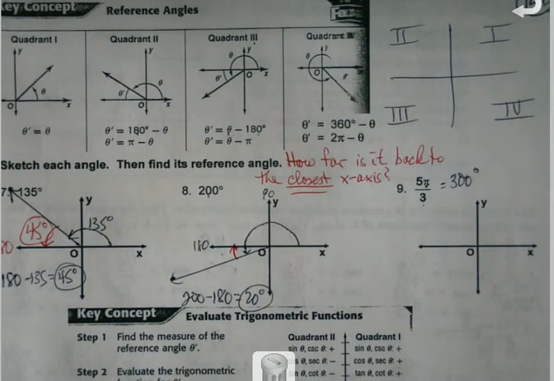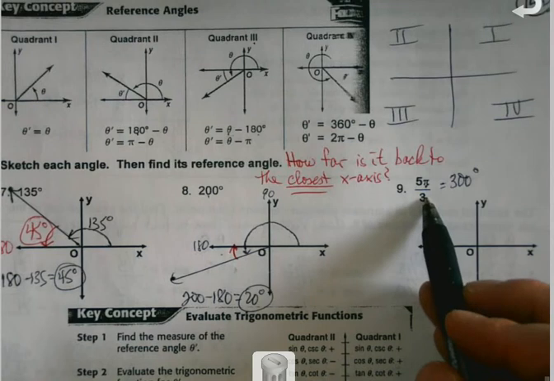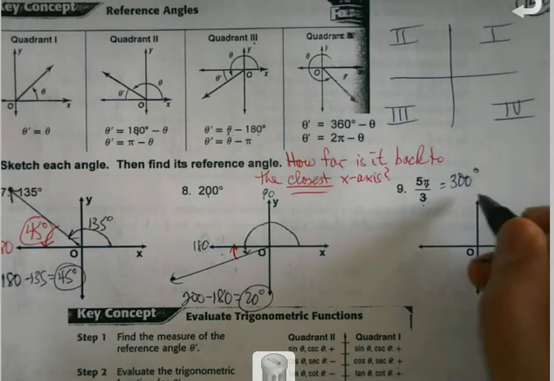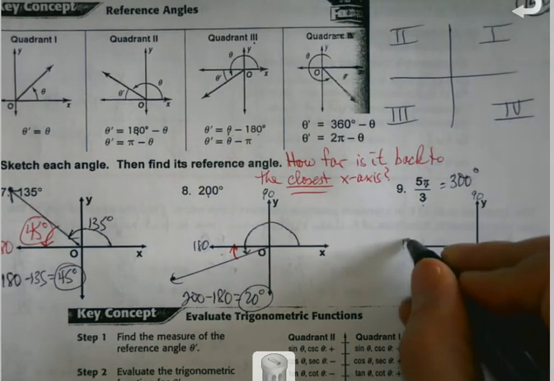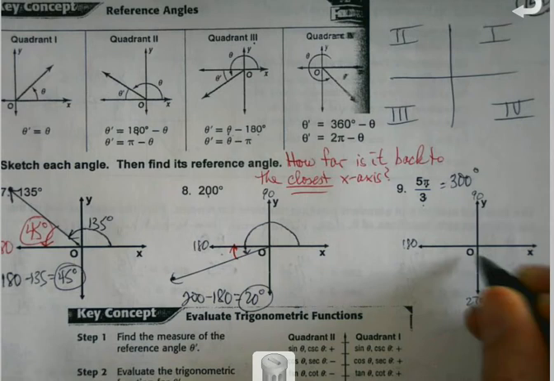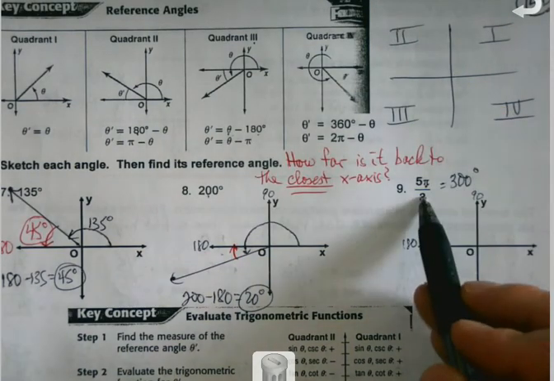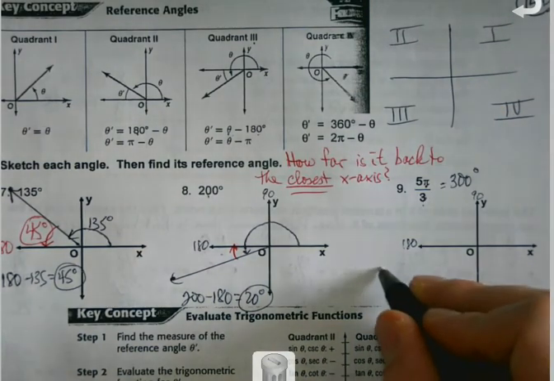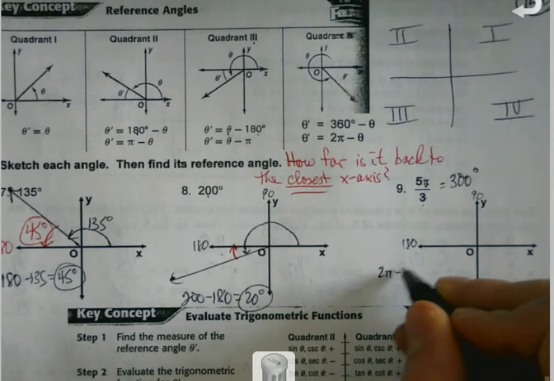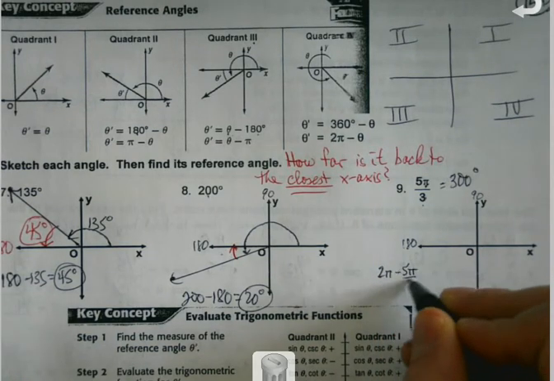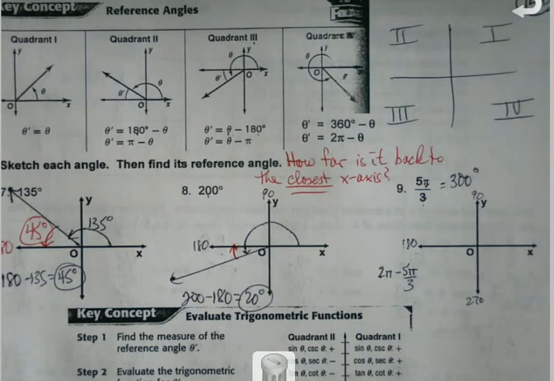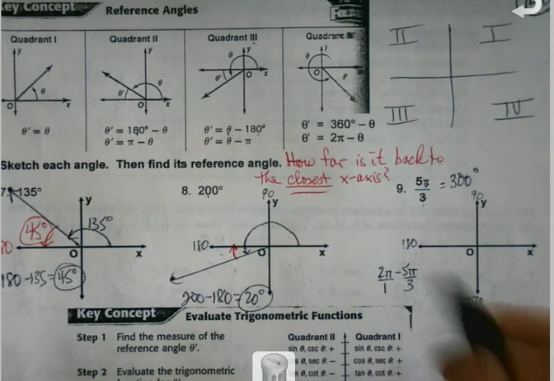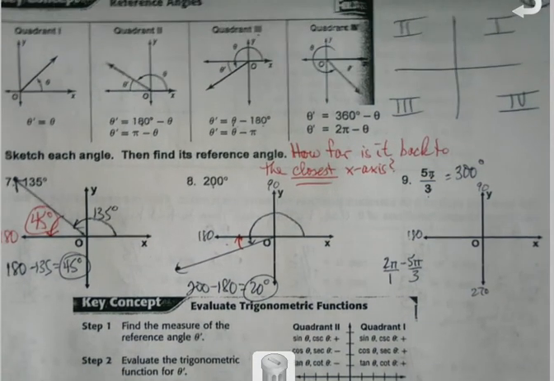So, if I was doing it strictly algebraically, 300 degrees would be in quadrant 4. Quadrant 4, when I'm in radians, would be 2 pi minus 5 pi over 3. But of course, I need a common denominator because they're not the same right now.